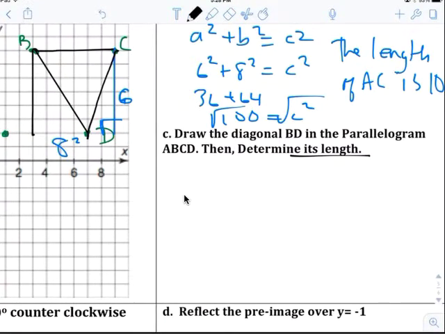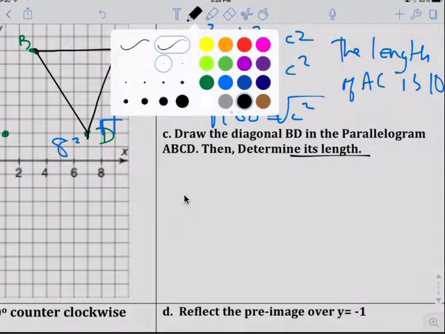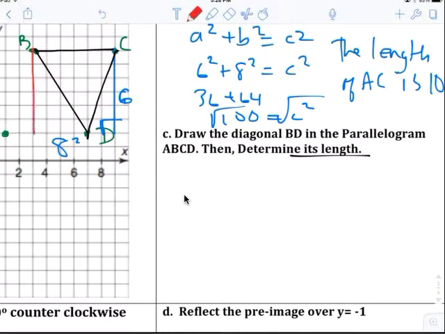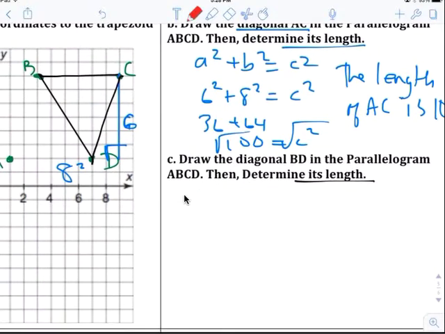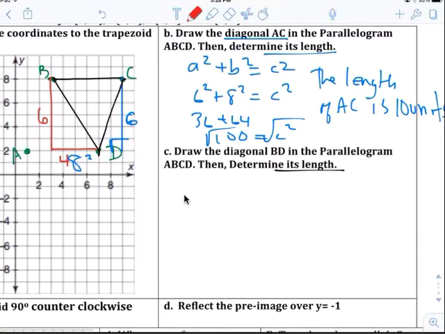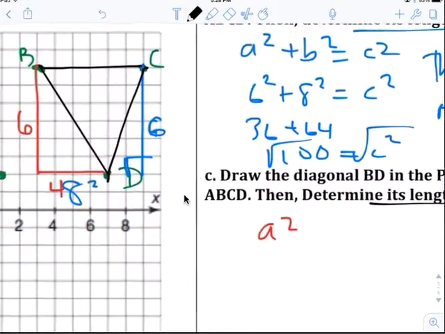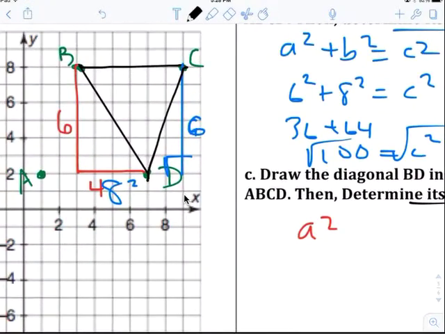No, it's not the same. Go straight down, and then this way. That's 4. That's 6. So, and then you do a squared again. Find that length, okay? And then, if you have a hard time seeing it, you can always erase.